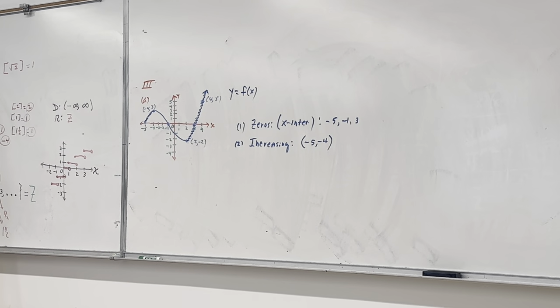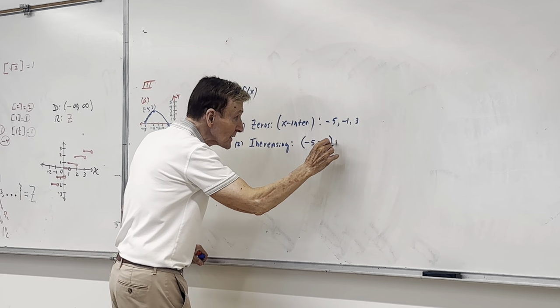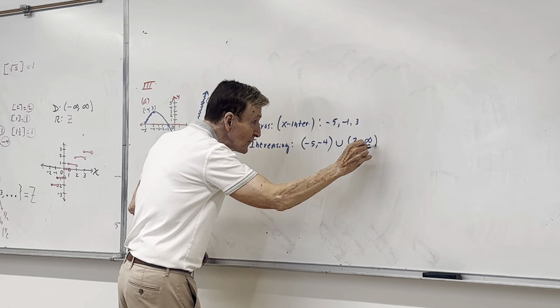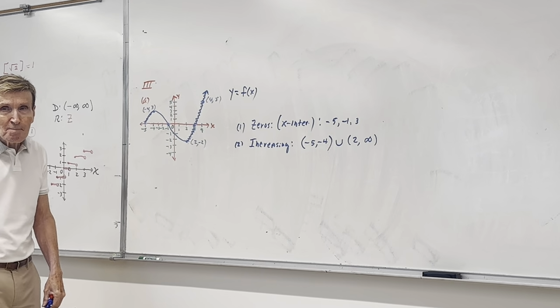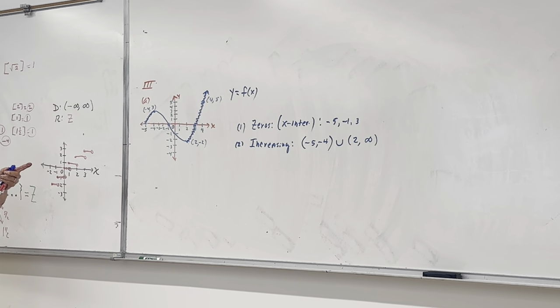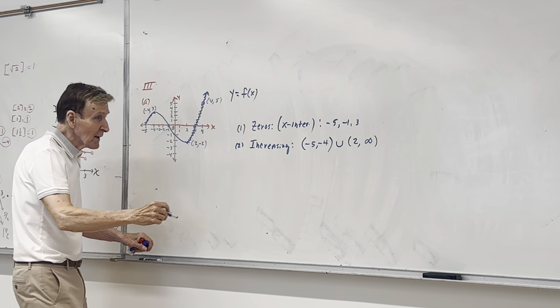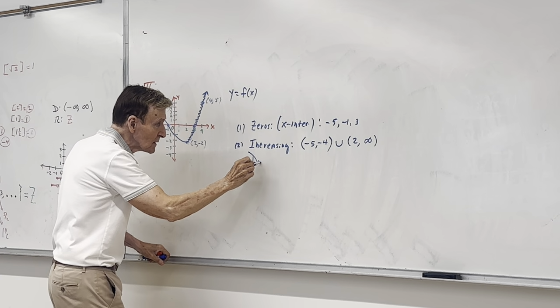How would you describe that? 2 through infinity. That's just a union. I like the union symbol. 2 through infinity. I think those are the only 2 places I see where it's rising as you go from left to right. Increasing, we've got that out of the way. Katie, thank you. Now decreasing.